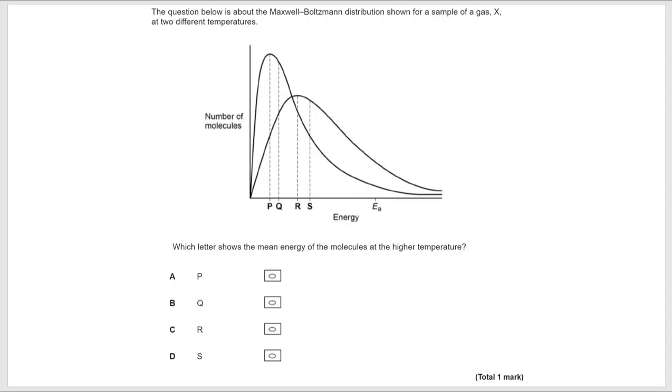We've got to remember that the higher temperature is the one with the peak down and to the right. So that's the higher T, and that means we're choosing between R and S. It's then remembering that R is the most probable energy, the modal energy, the highest point on the curve, whereas the mean energy is always to the right. So the correct answer is S.